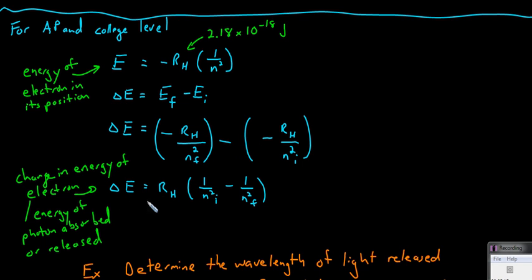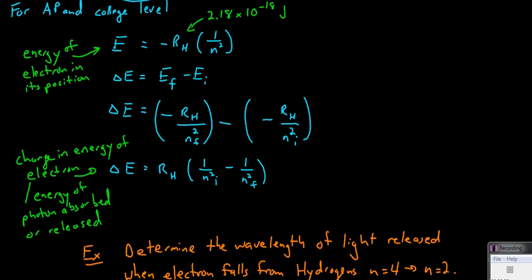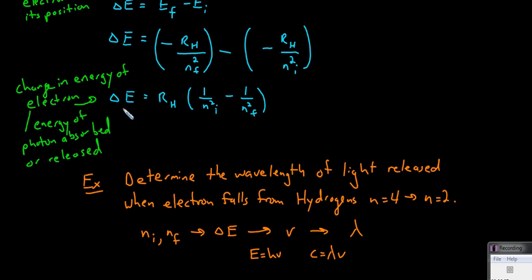This is the equation to tell us how much energy is absorbed or released when we have a certain transition from ni to nf, where i is the initial principal energy level, and f is the final principal energy level of the electron around the nucleus. So you can calculate the change in energy, and therefore what the frequency of the light released or absorbed is, and therefore the wavelength.